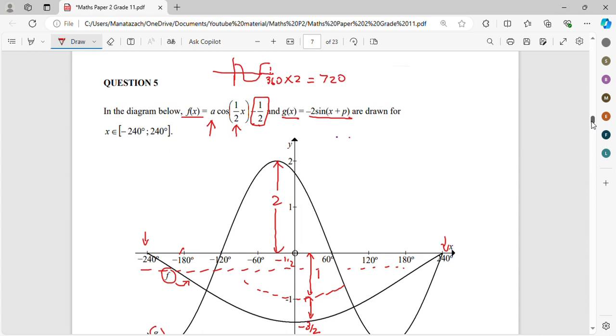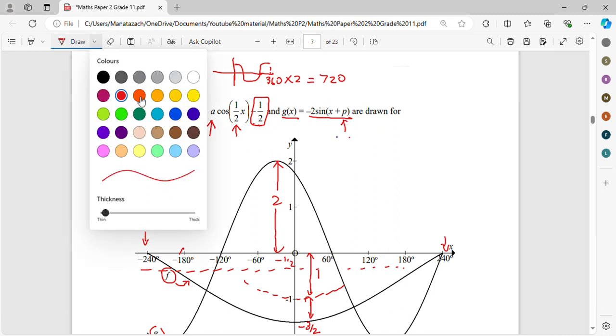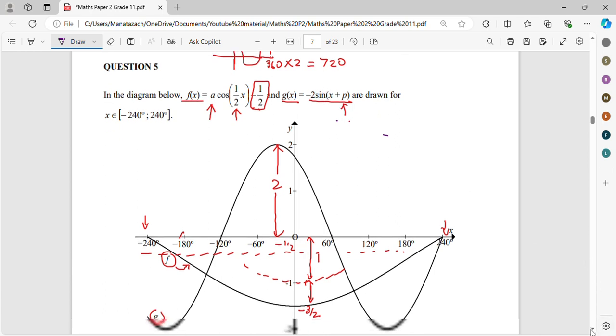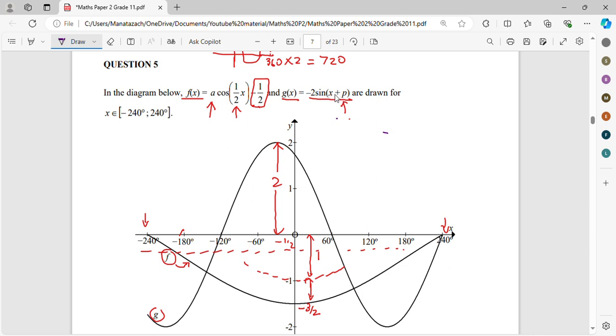And then for the value of P, let me just discuss P a little, but let me just change the color for that. The value of P for the graph of sin is actually shifting the graph either to the left-hand side or to the right-hand side. So remember, if you've got a plus here, that means you're shifting the graph to the left, right?